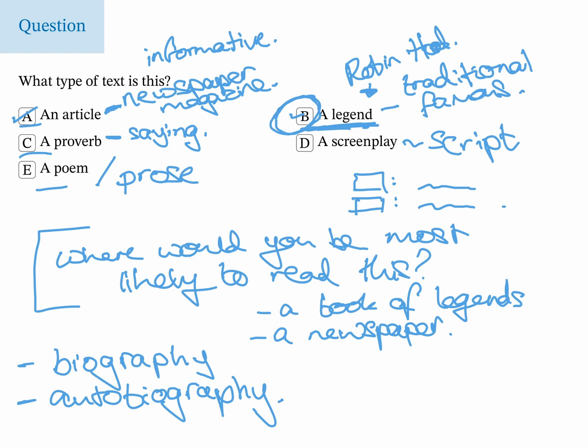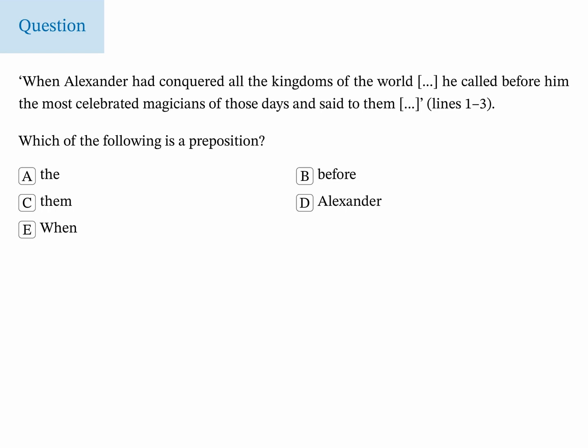Okay, let's have a look at a different type of reading question that you might get at the end. Okay, now you can see here there is a quote, and then this is the question. I'll give you 30 seconds again for this one.